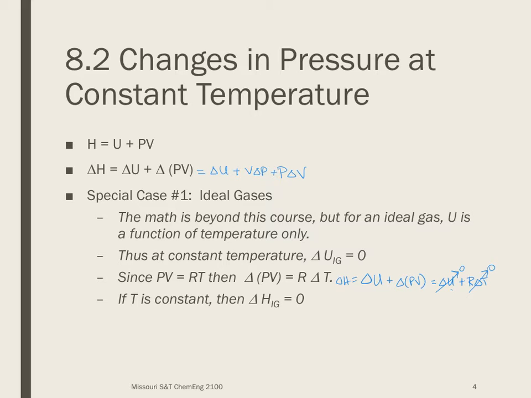So this is to say that H for an ideal gas is a function of temperature and only temperature, and U for an ideal gas is a function of temperature and only temperature. Again, we will develop this more fully in a future course, but for now, that means that changes in pressure for ideal gases will be 0 for both enthalpy and internal energy.